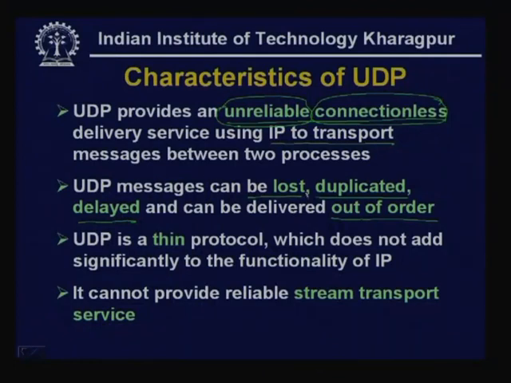So, if a packet is lost, the sender will not know about it. If a packet is damaged, the receiver will not know that a datagram has been received in error, that it has become corrupted. Similarly, since the datagrams can pass through different routes, they can reach out of order. So, at the receiving end they have to be put in order, and so these are the limitations of the user datagram protocol.